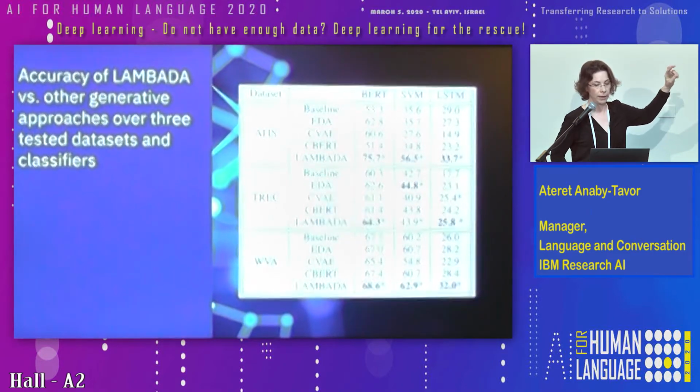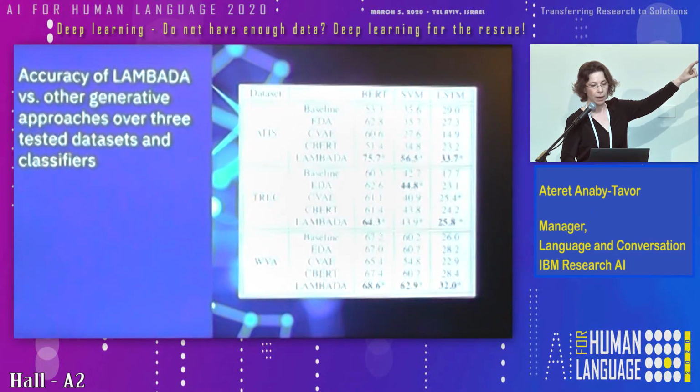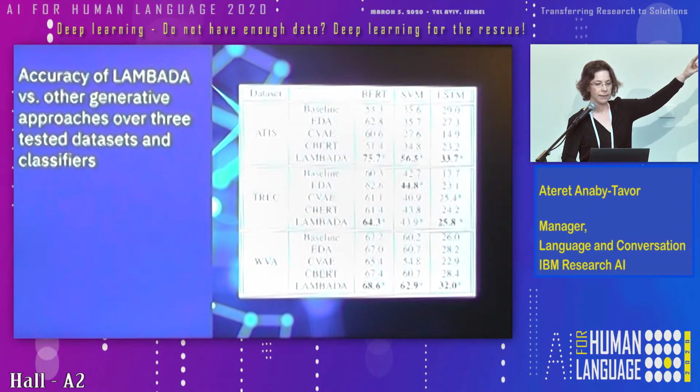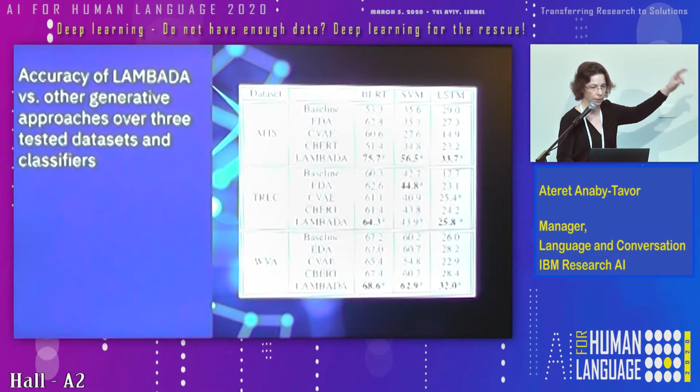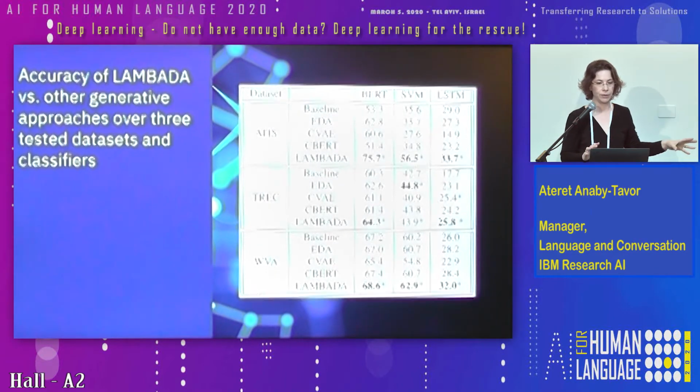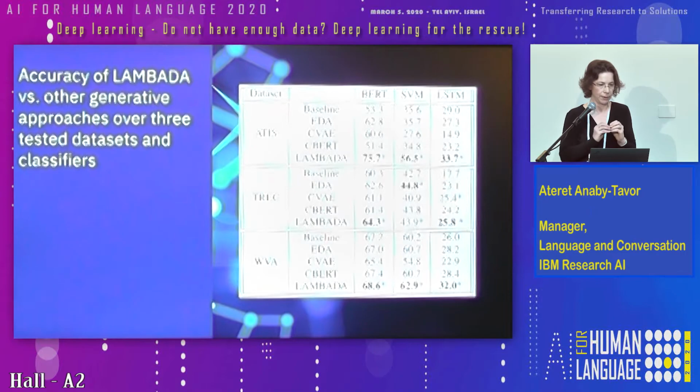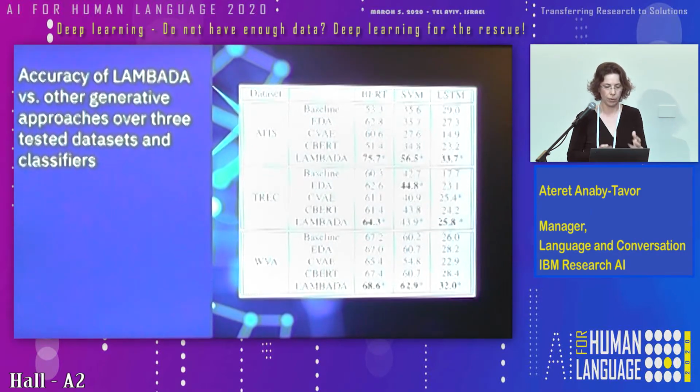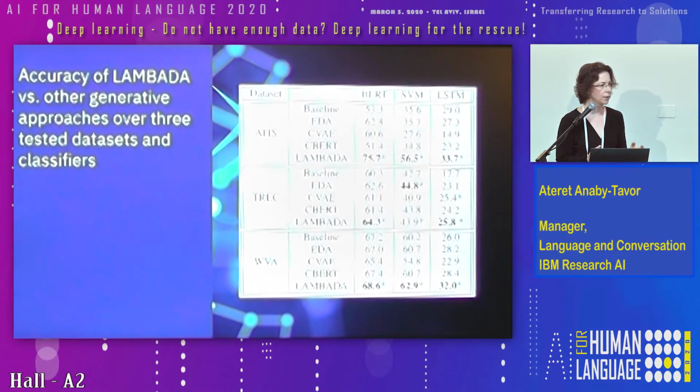In TREC, it is indeed on par with EDA on SVM and on par with CBERT on LSTM. I don't have time to get into these reasons, but I will mention it because it's important for all the generation tasks, and specifically something that we saw here. So GPT generates for a label.